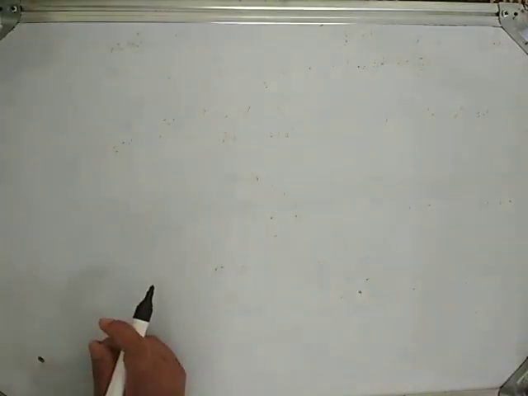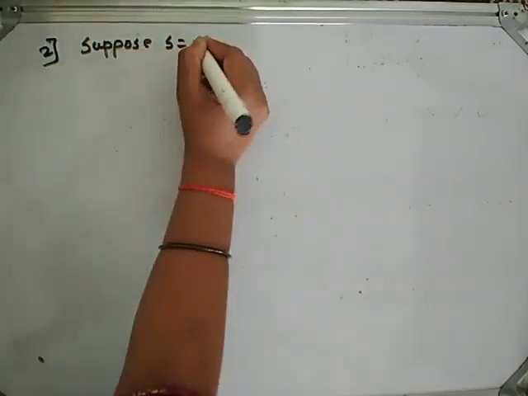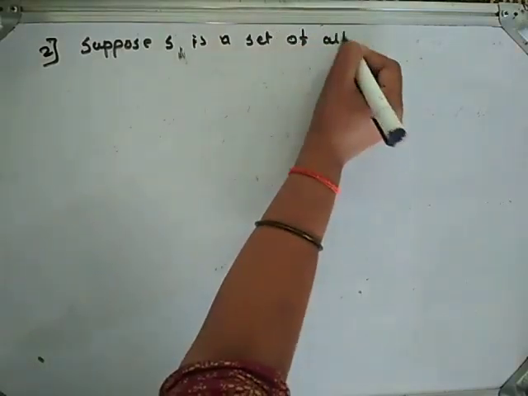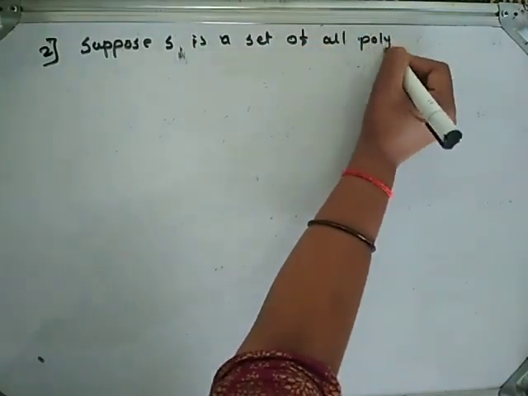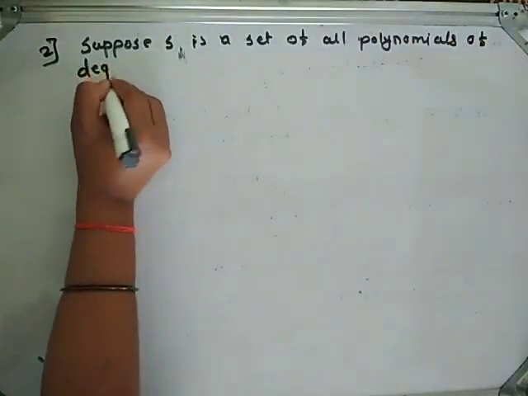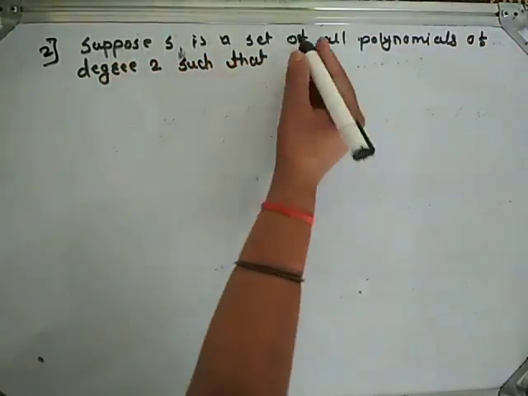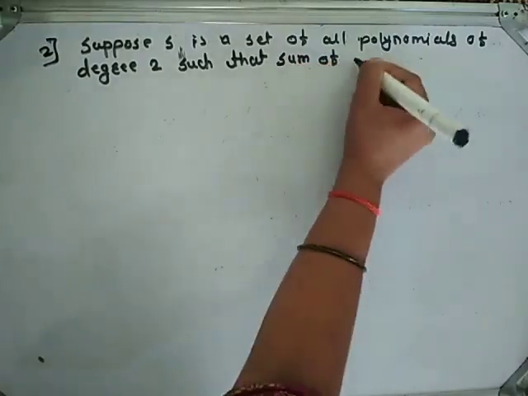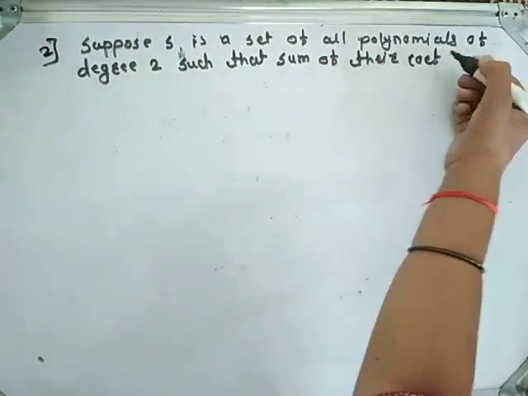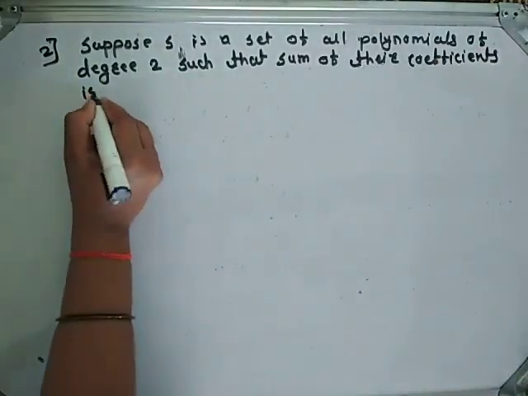Okay, let us take one more example. Second, suppose S is a set of all polynomials of degree 2 such that the sum of their coefficients is 3.